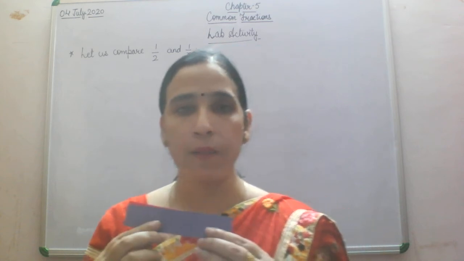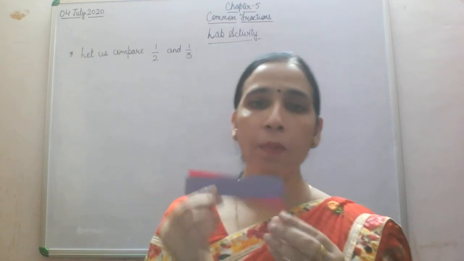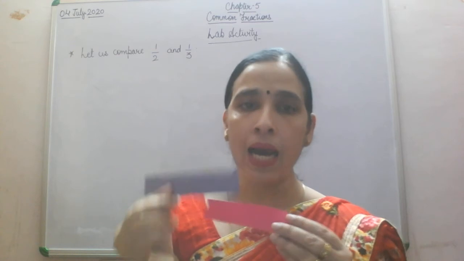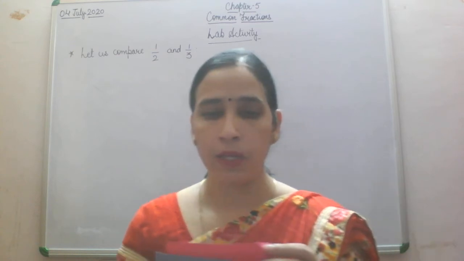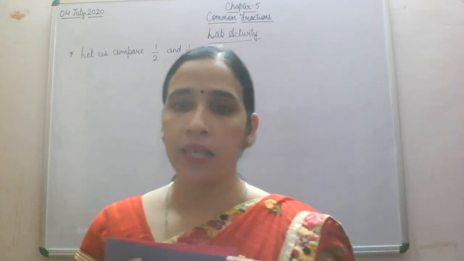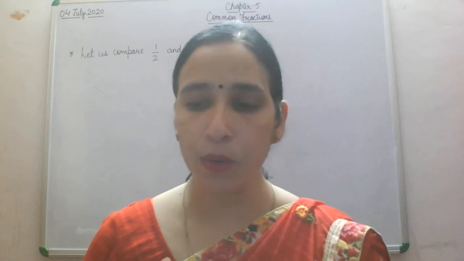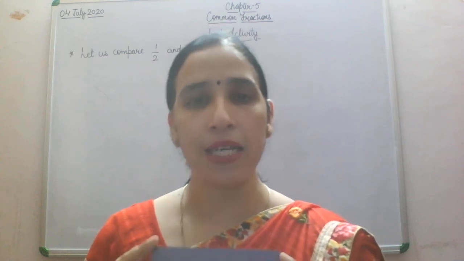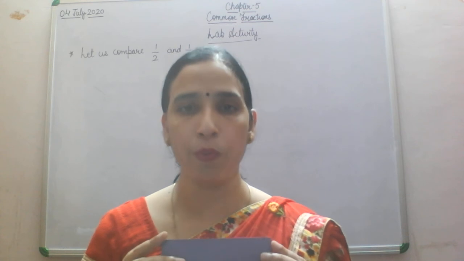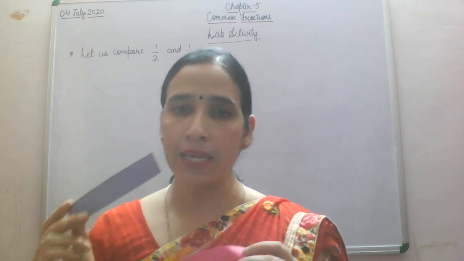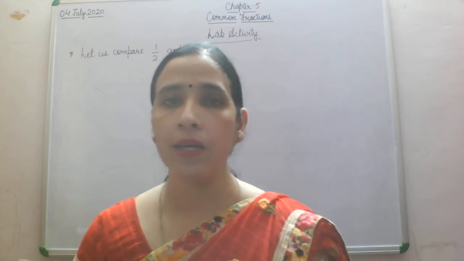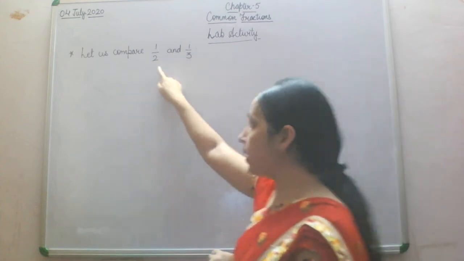Now the first step is to make 1 by 2 with one strip and 1 by 3 with another. So let's start. Take two equal rectangular strips of white chart paper or colored paper. Now with one strip, which fraction am I going to represent? 1 by 2.